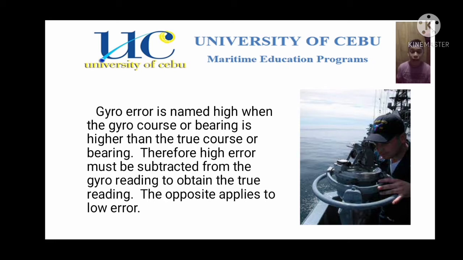So the value of the high error must be subtracted from the gyro reading to get the true reading. The opposite applies to low error. If it is low error, you add it to get the true reading of your bearing or course.